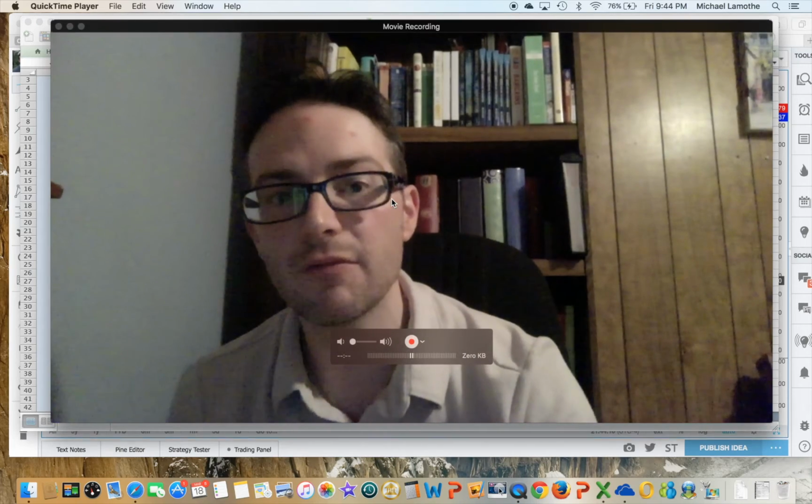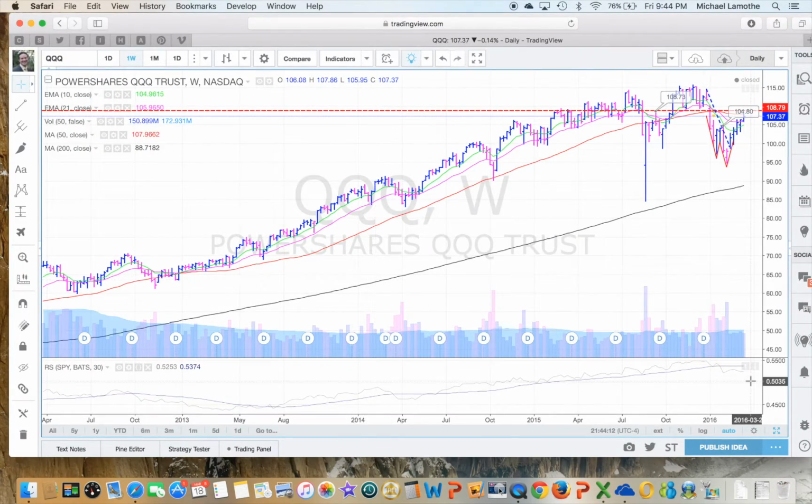So let's dive right in. Here is a weekly chart of the QQQ. We can see here that it has closed at the top of its range for the past 6 weeks, and right now it is trading right below its 40-week moving average, and it's also trading right below what may turn out to be resistance.